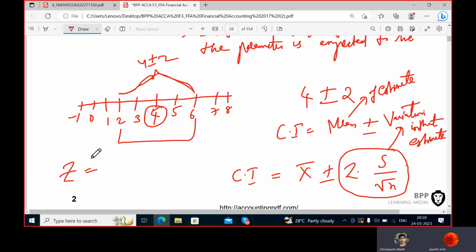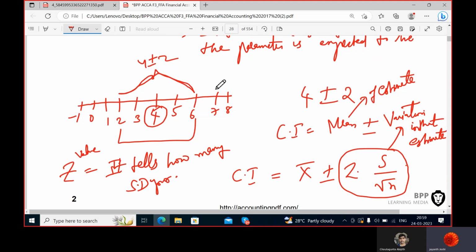So normalizing value Z is nothing but it's called Z value or Z score. It tells how many standard deviations you are away from the mean. For example, this is your mean, now suppose you are here.